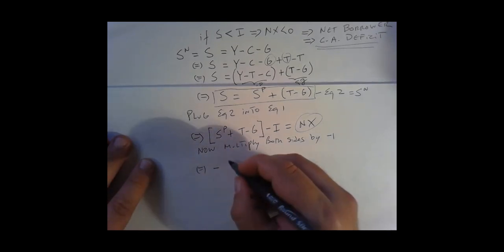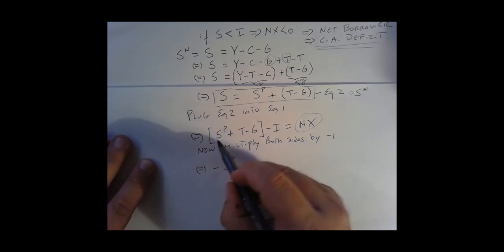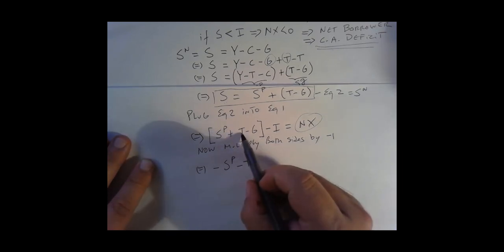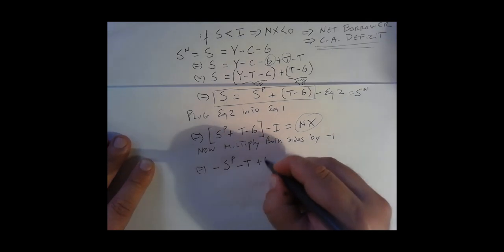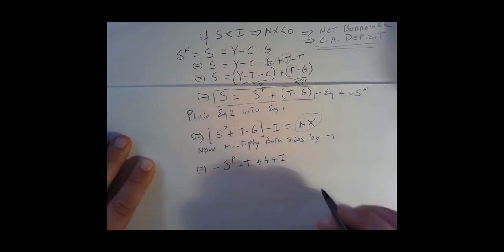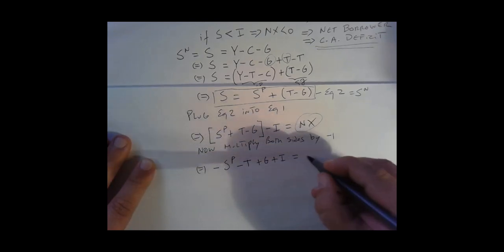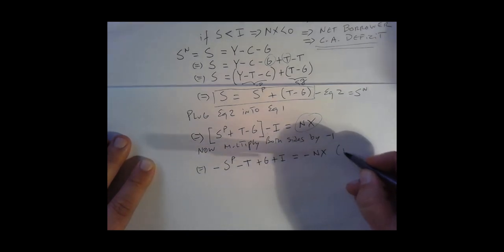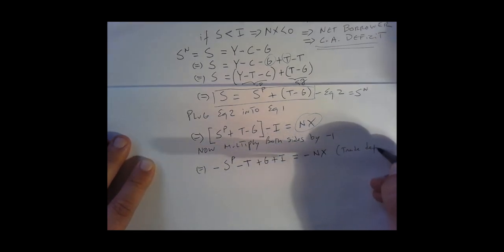Negative SP, private savings, negative taxes, positive government purchases, positive investment, and negative net exports, right? Trade deficit.